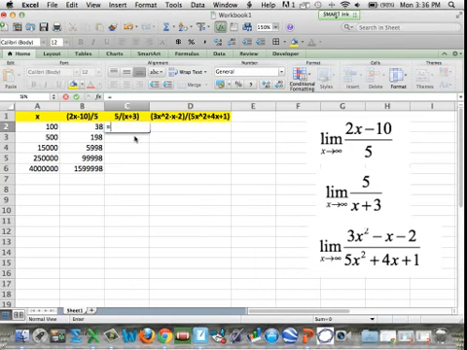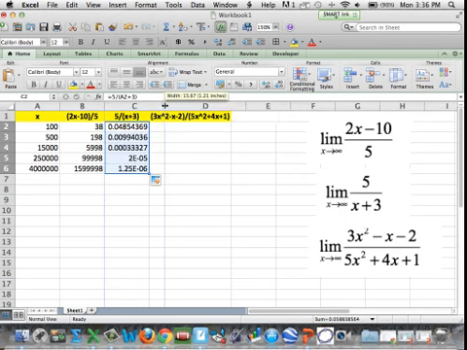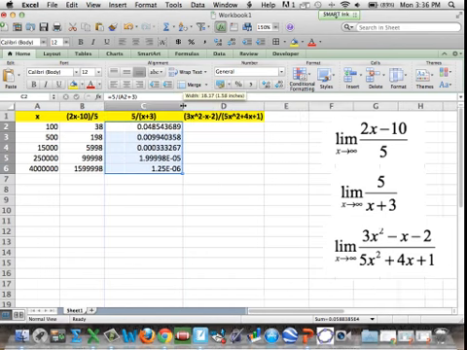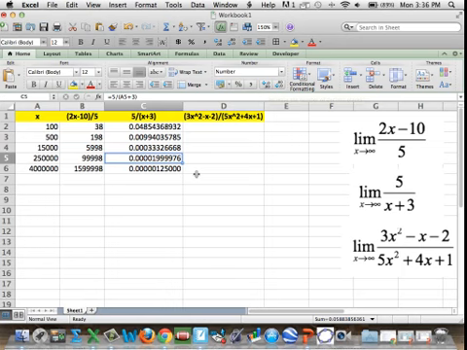This time we're going to say equals 5 divided by, parentheses, cell A2 plus 3, and press enter and fill down. Now I'm going to drag off my cell width a little bit bigger and take it off scientific notation and add some decimal places, because look what's happening here.